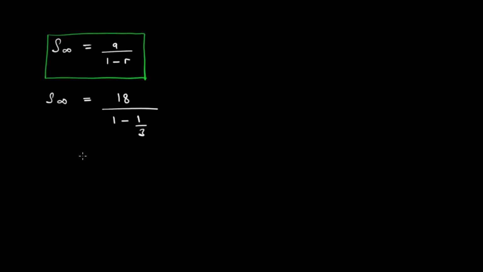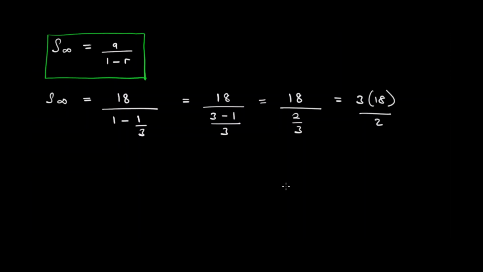Sum to infinity is equal to A, which we found is 18, over 1 minus R, which we found is 1/3. So this is actually equal to 18 over 1 minus 1/3, which is 18 over 2/3. But let me show you why.